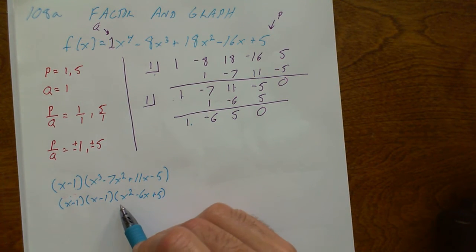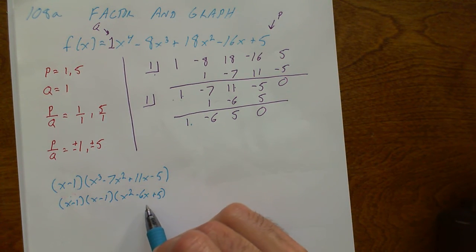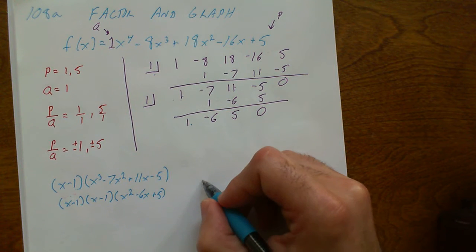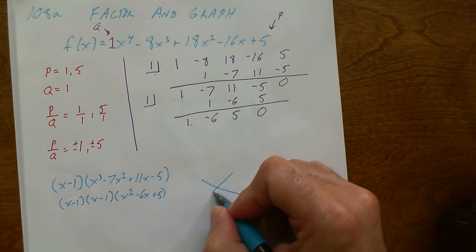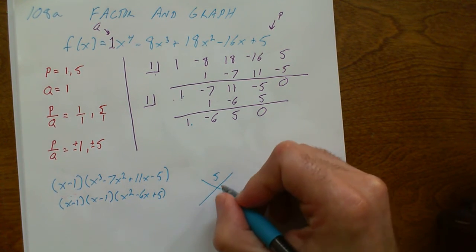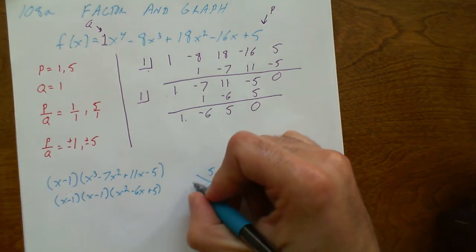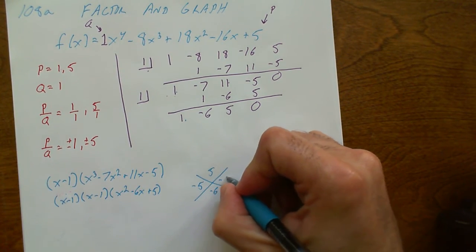Now I can factor this traditionally, right? It's a quadratic, so how do we factor a quadratic? Put a 5 on the top, a negative 6 on the bottom. What times what equals 5 and adds to negative 6? Pause that, see if you can figure it out before I write it down. Negative 5 and negative 1.